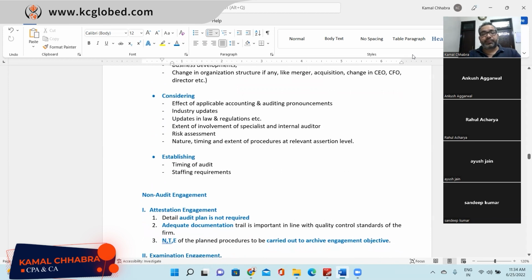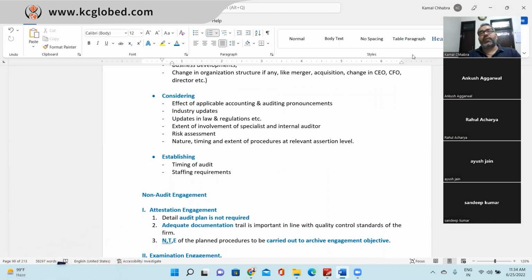Then considering the effect of applicable accounting standards and auditing pronouncements. Like in the last couple of years, in 2018 we came up with a new accounting standard, ASC 606. Then in 2019, they came up with a new accounting standard, 842.